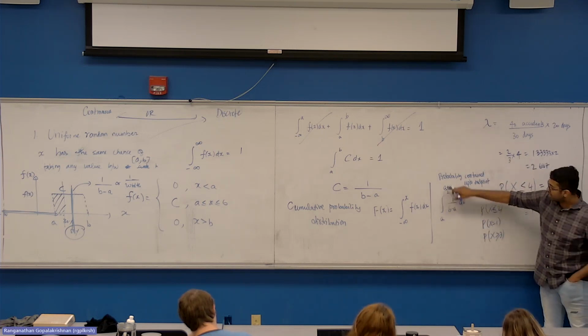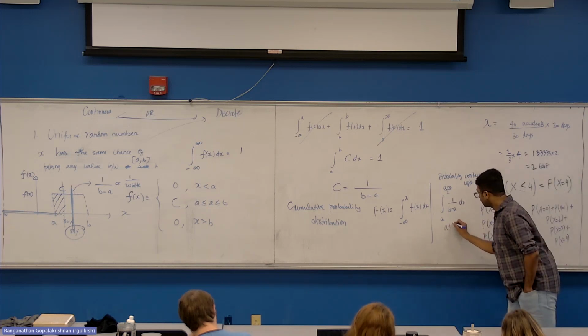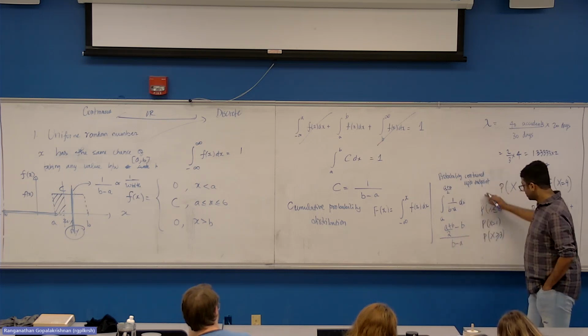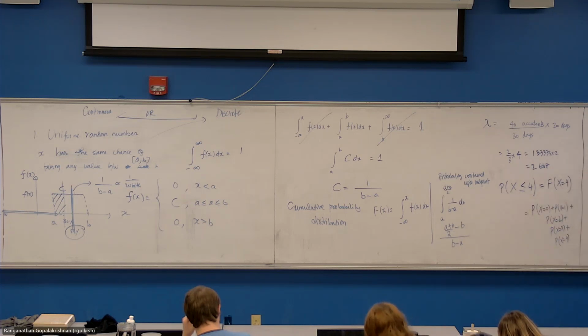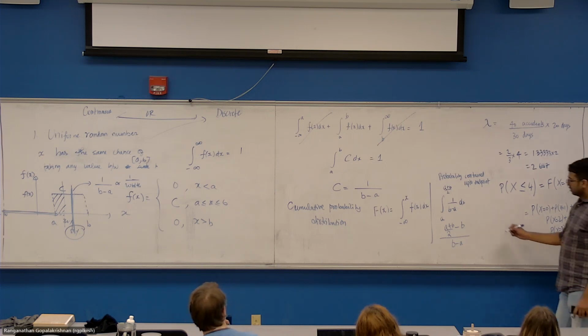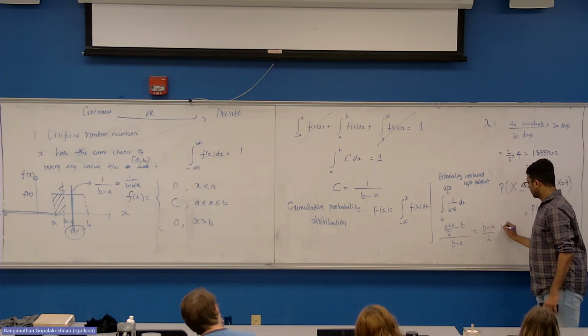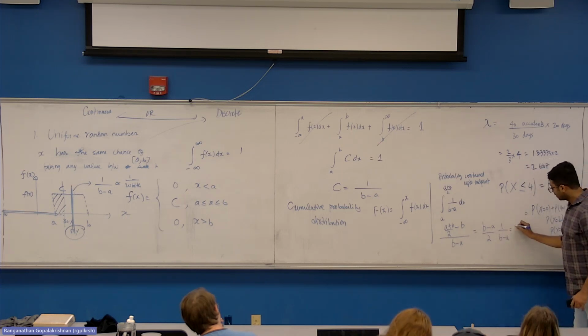The midpoint between a and b is (a plus b) over 2. If you do the integration, this is ((a plus b) over 2 minus a) divided by (b minus a), which is (b minus a) divided by 2 divided by (b minus a). Whatever a and b are, this is 0.5.